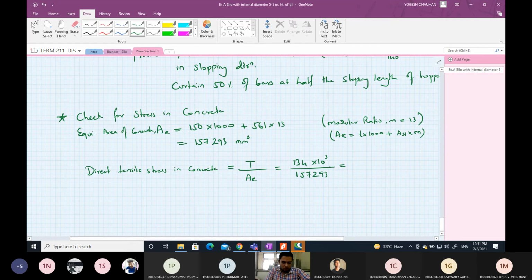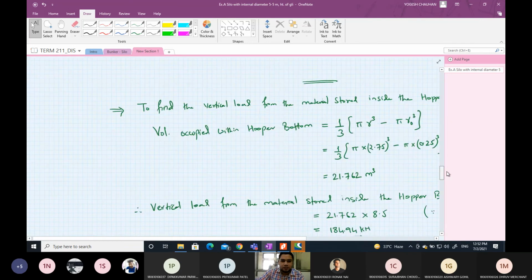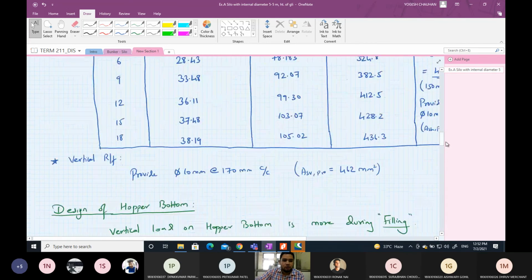So that is 0.852 Newton per mm square. Now this value is less than sigma CT, the allowable tensile strength in concrete, that is 2.8 Newton per mm square. So it is okay. Now we missed this check in the cylindrical wall portion also, so the same shall be checked here for the cylindrical wall.